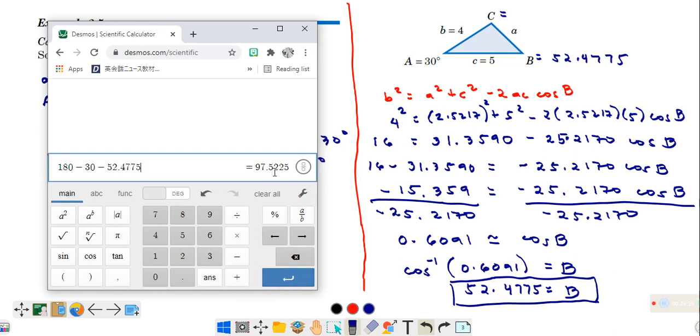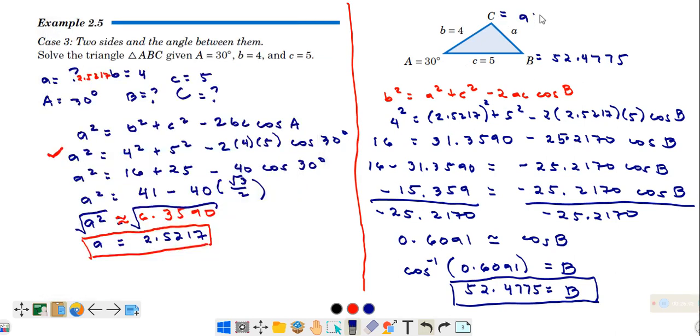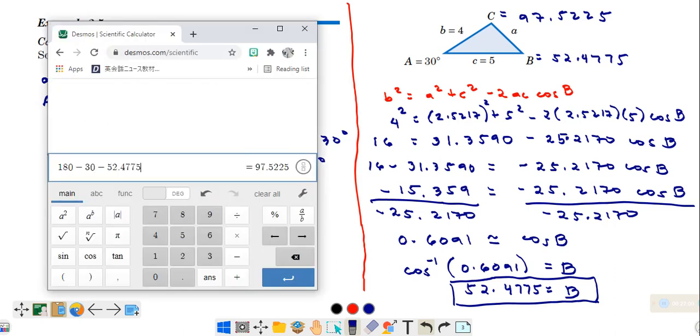You will end up with 97.5225. Yun si C. So, this is how you find the missing elements of a general triangle with two sides and the angle between them given. Okay?